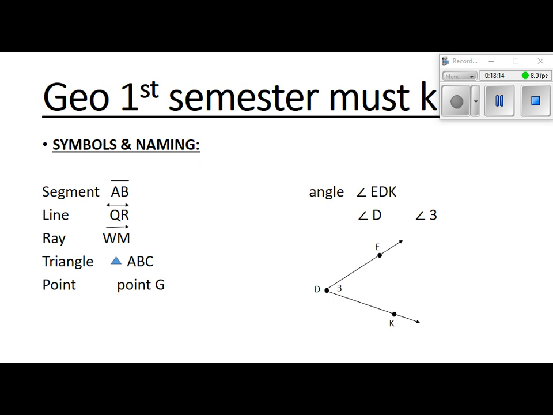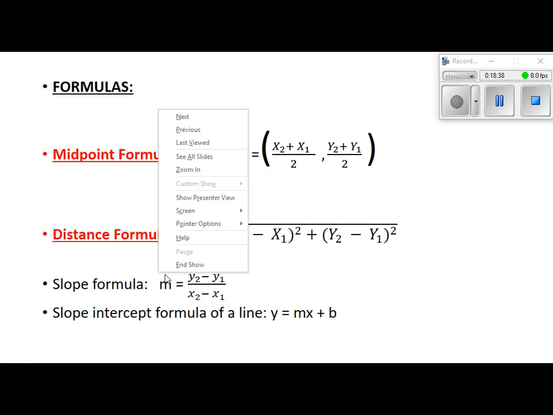So, some things, symbols and names, this first slide, symbols and naming different things. Naming lines, rays, and segments. How many letters name a line, a ray, or a segment? 2, always capital letters. Now with a line, you could write out one lowercase letter.